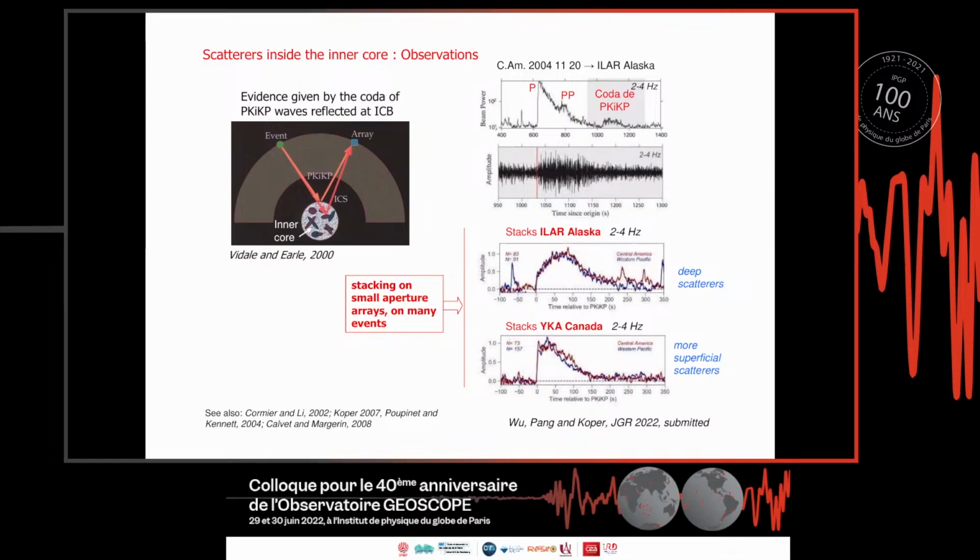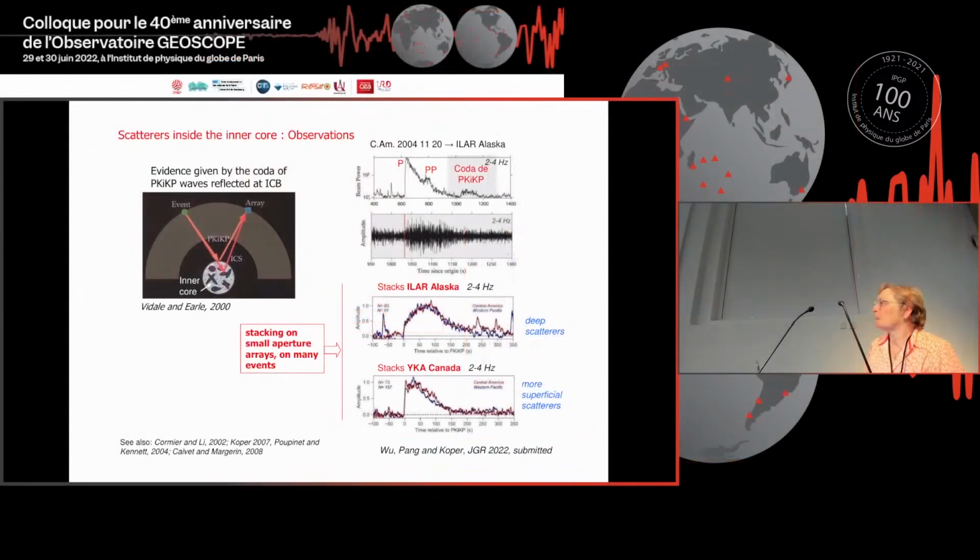So in two regions which are not extremely far from each other, Alaska and Canada, you see that you have texture inside the inner core which is not the same. So this certainly has to be investigated further, but as I told you, you need smaller aperture, so it's not extremely easy to do some systematic studies about that.